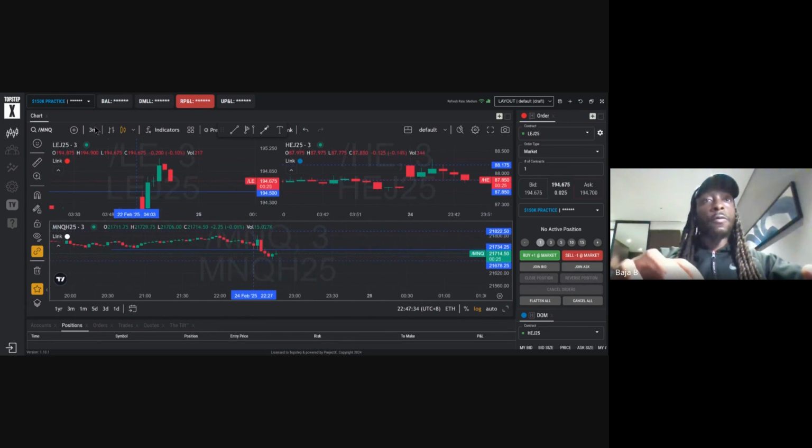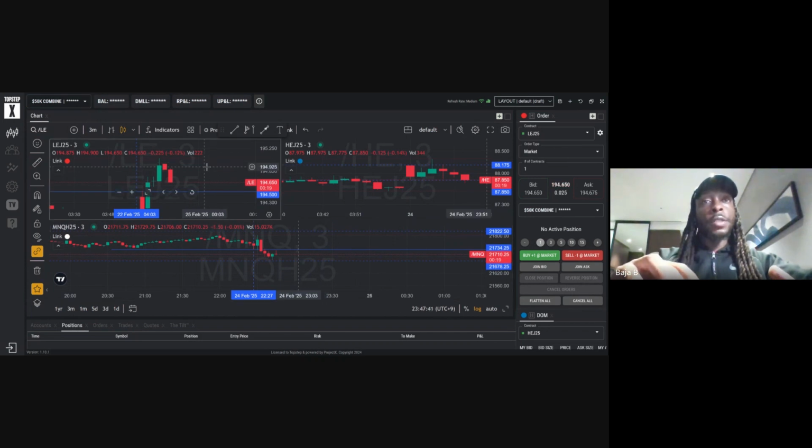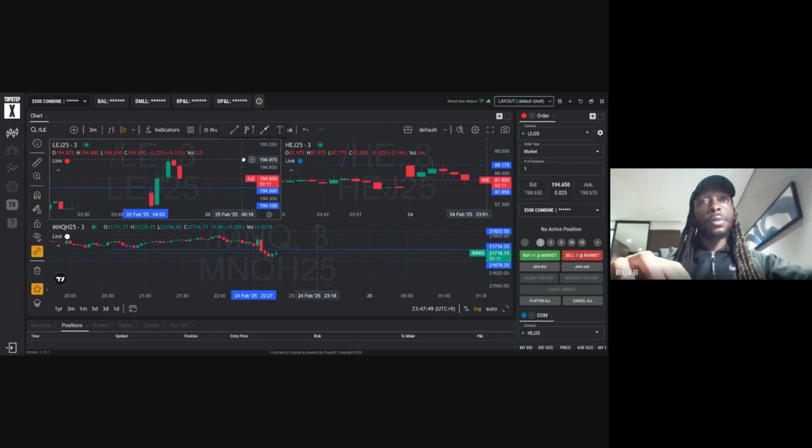Now I'm going to go back over to my Combine accounts, and I'm going to get ready for a potential trade if bulls can rally back on up. It's still an ideal stop loss. It's not too big. It is getting a little bit large, but it's okay.